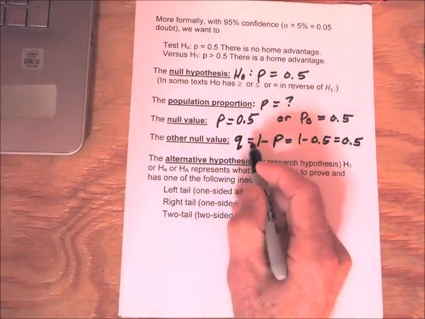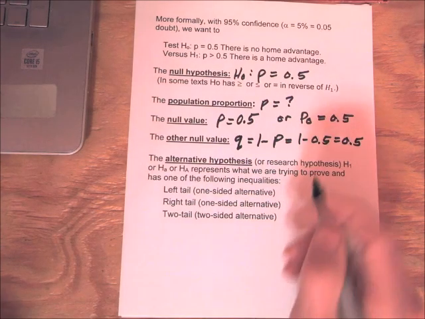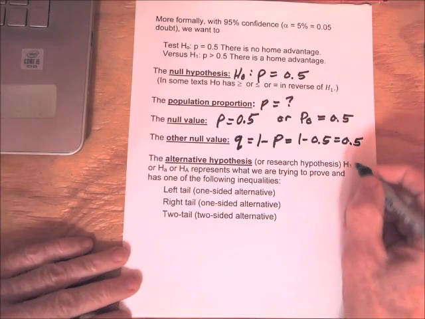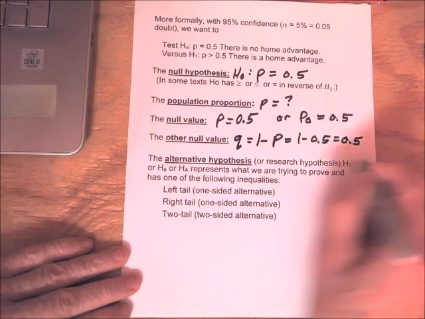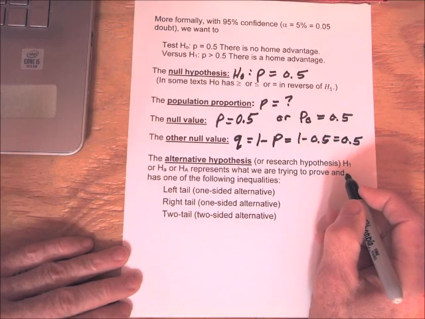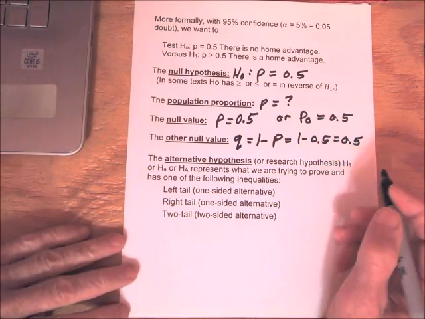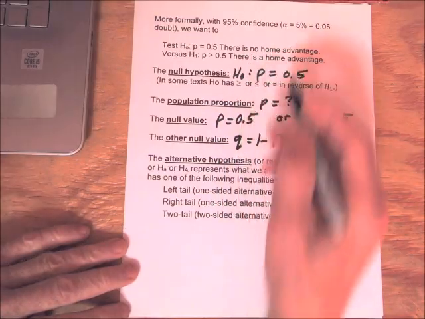So q would be the proportion of games lost by the home team. For the alternative hypothesis, the Triola textbook uses H1. Some books use HA to represent the alternative hypothesis, and usually that's what we're trying to prove. We're trying to prove there is a home advantage.